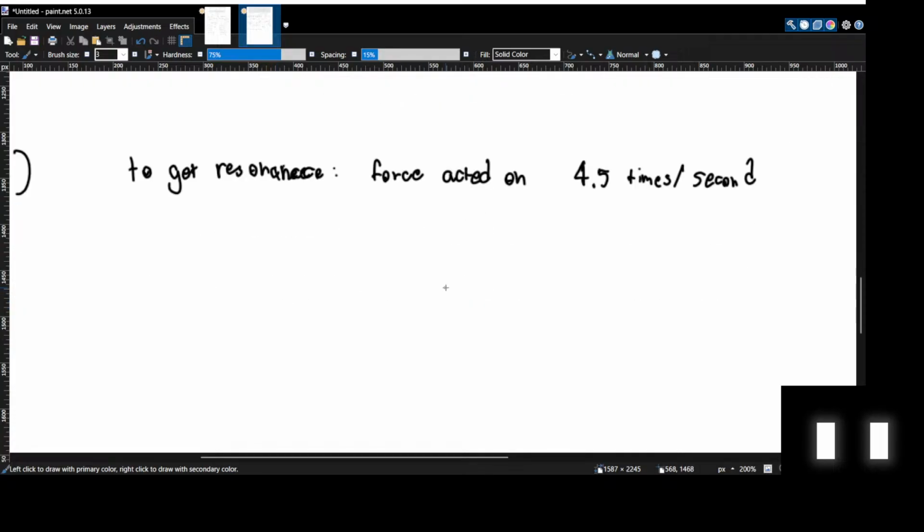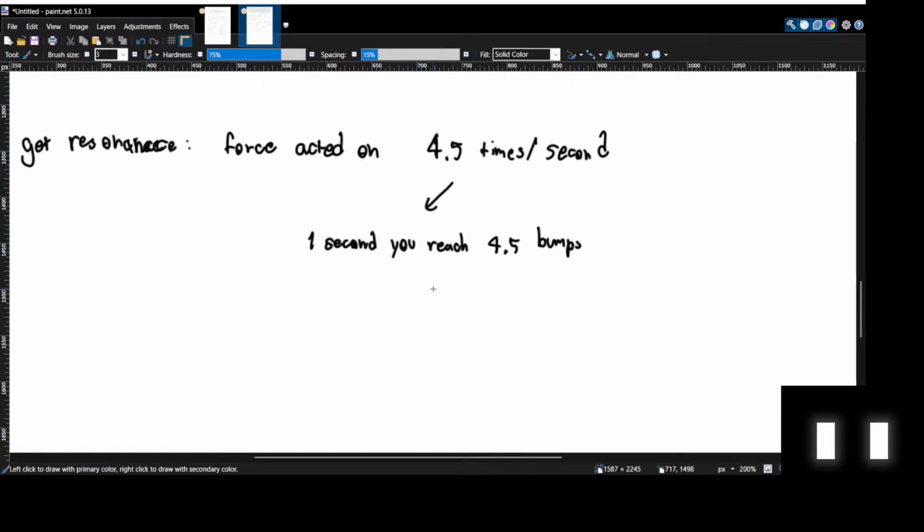So in our case, to get the resonance, the force has to be acting 4.5 times per second, which means that in 1 second you reach 4.5 bumps, and each bump is 80 centimeters apart.